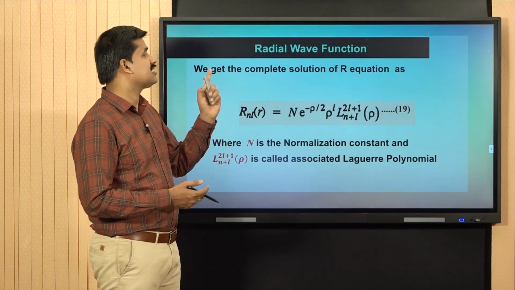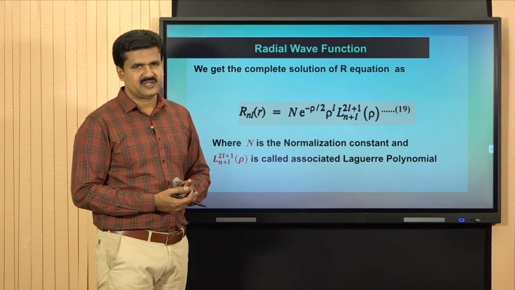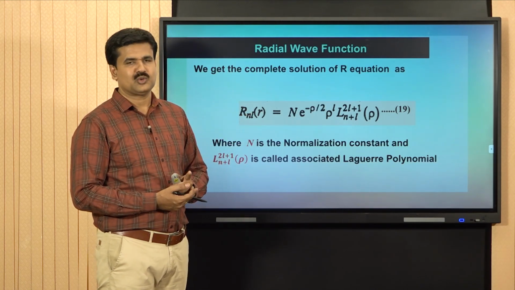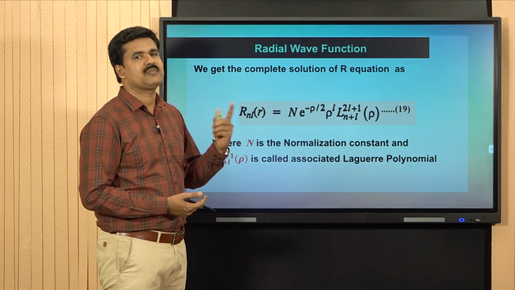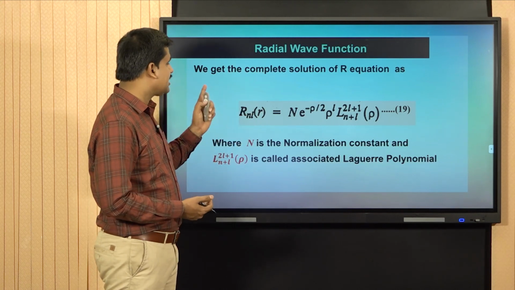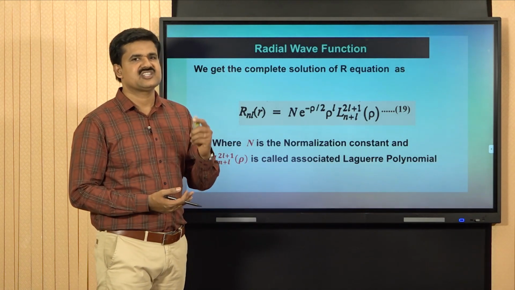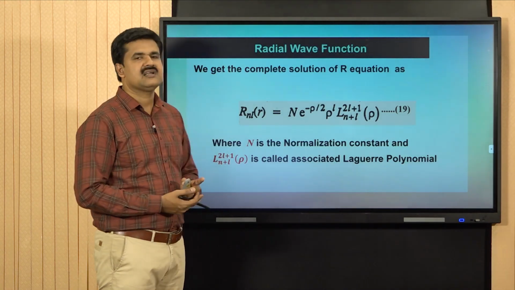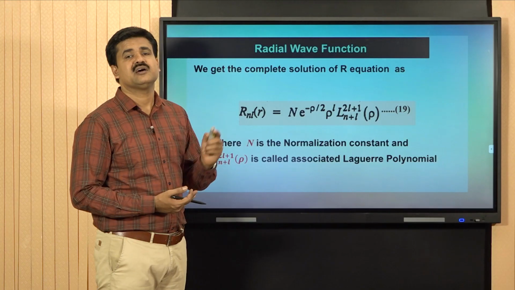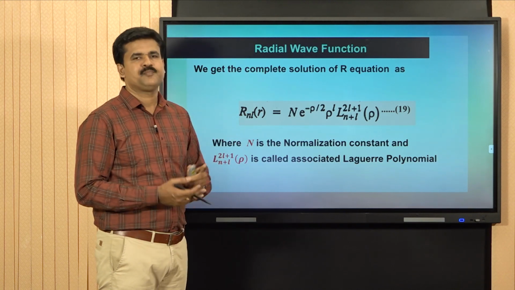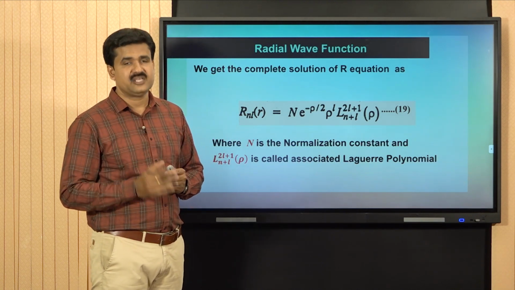We get the complete solution to our equation in the form of L n plus L raised to 2L plus 1 rho. And the complete solution to the R equation is R n L of r is equal to N into e raised to minus rho by 2 into rho raised to L into L n plus L raised to 2L plus 1 rho. And this represents the complete solution of our equation.